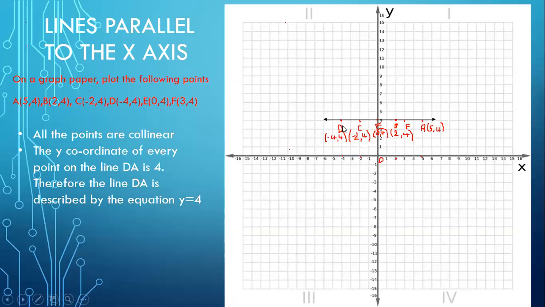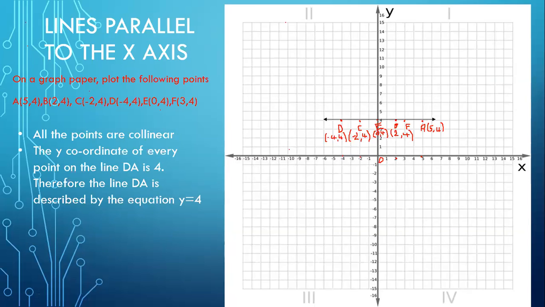If you see point D, the y coordinate is 4. Point C, y coordinate is 4. For point E also, y coordinate is 4. For point B also, 4. For point F also, 4. And for point A also, y coordinate is 4. So the y coordinate of every point on the line DA is 4.